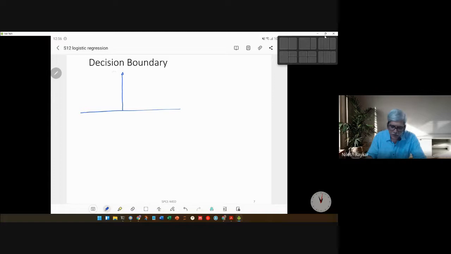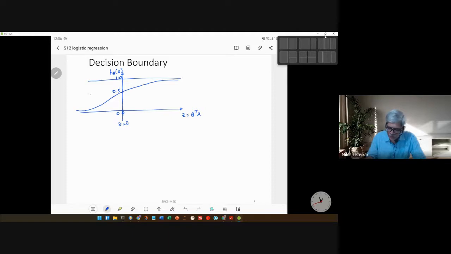So this is your h theta x, and this is your z, that is theta transpose x, and the values are between 1 and 0. This happens to be z equal to 0, and the function is in this particular fashion.